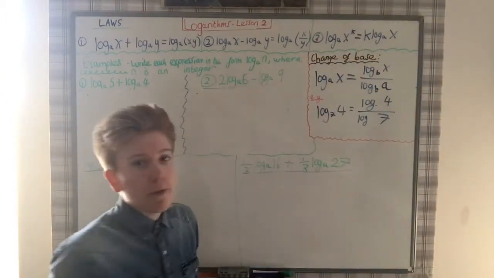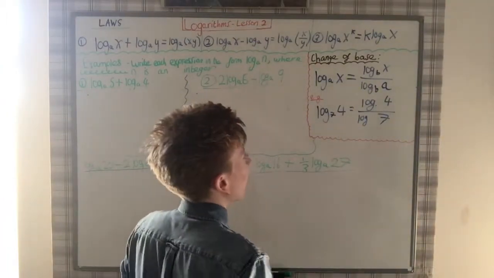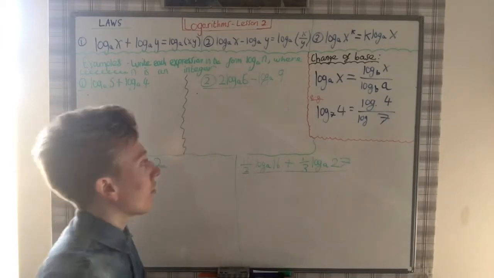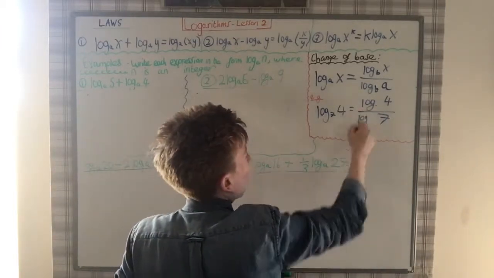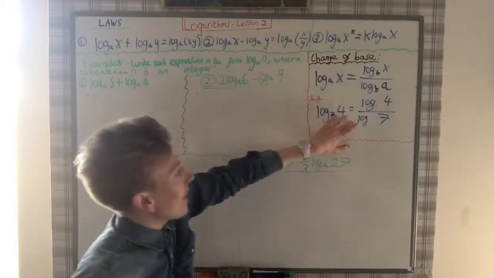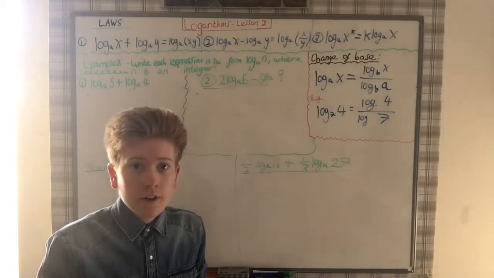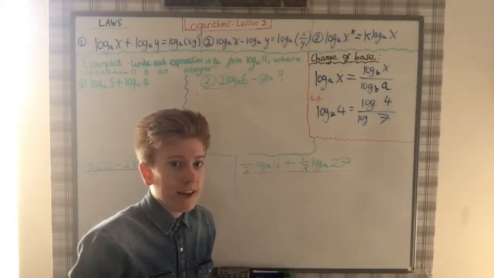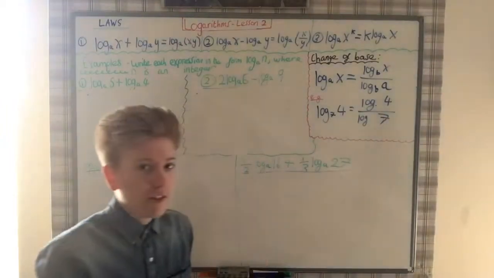If we have log 4 with base 7 and we're told to find the value of that, then for those of you with a calculator that doesn't allow you to specify the base, you would type in something like log 4 divided by log 7, and that would be the same thing as this. Because, as I said in the previous video, the log function automatically has base 10 when we aren't allowed to specify the base.